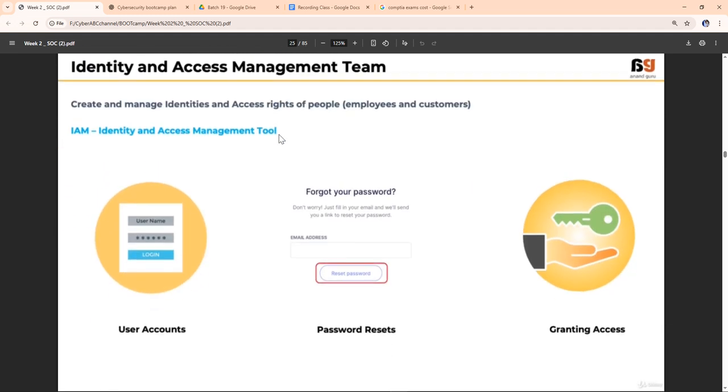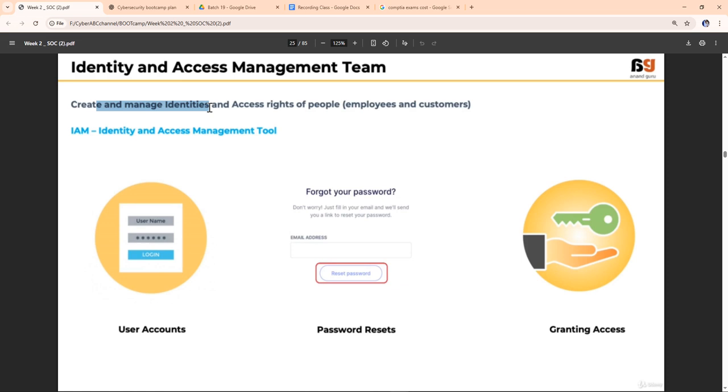Like I already told you in the beginning, the identity and access management team creates and manages identities and access rights of people, employees and customers. Not like the front desk people, the first point of contact. These guys actually work behind the scenes. They create identities, so that you have your own individual account in the bank.